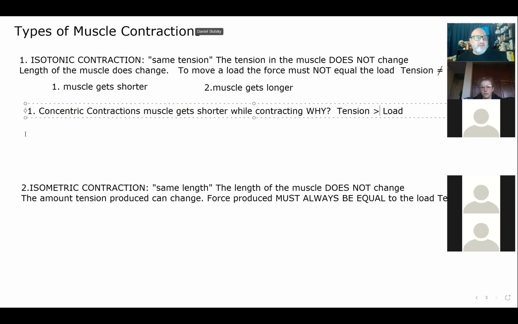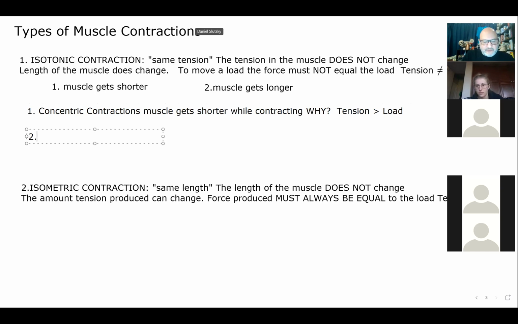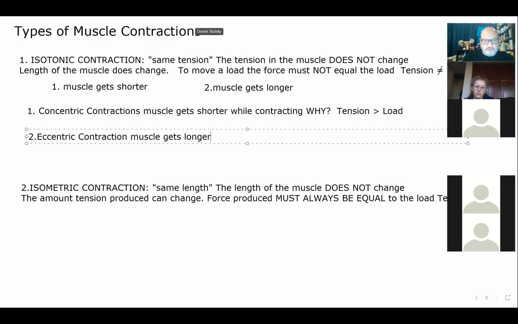On the other hand, with the eccentric contraction, this is where the muscle gets longer during the contraction. Why? Because the tension is less than the load. There you go.